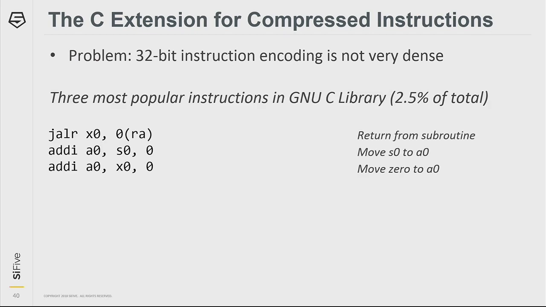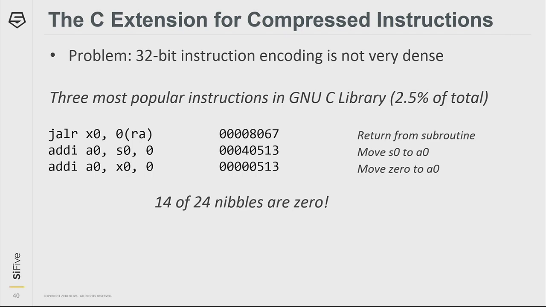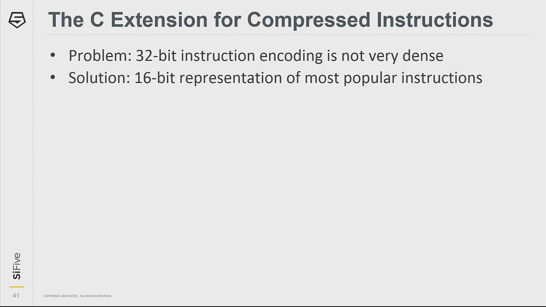As one example here, the three most popular instructions in the GNU C library, I'm not saying this is a good corpus, it's just what I had on hand at the time, are this JALR instruction, which does subroutine returns, and then two instructions which are moving stuff around in the integer registers, like loading constants or moving registers. If you look at the encoding of them, you see that 14 of the 24 nibbles in those instructions are zeros, which, while not really proving anything, strongly suggests the instruction encoding is not very dense. And so we want to be able to represent the most popular 32-bit instructions with 16-bit instructions instead.